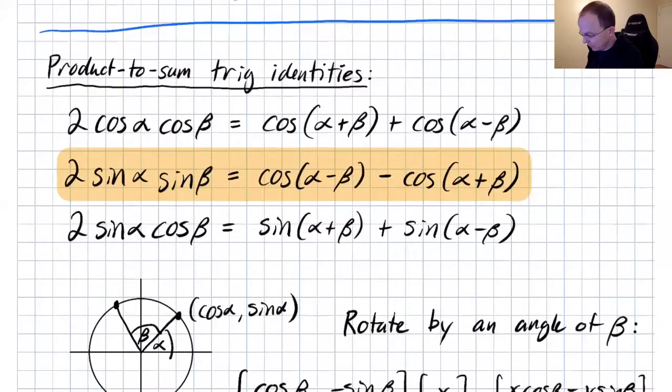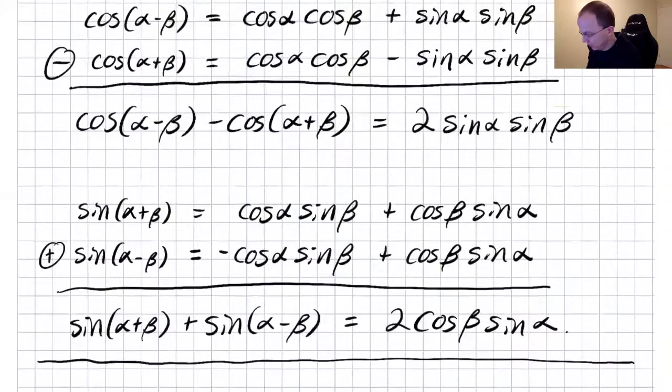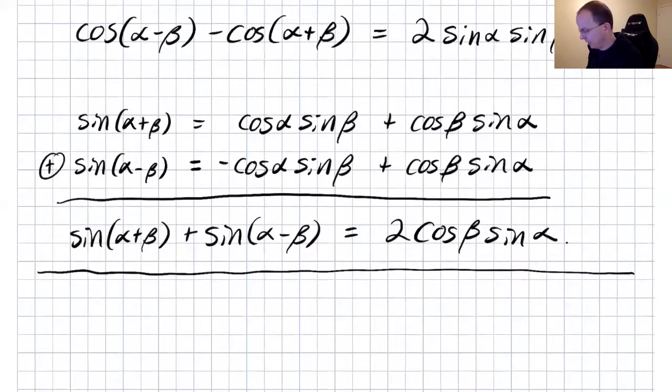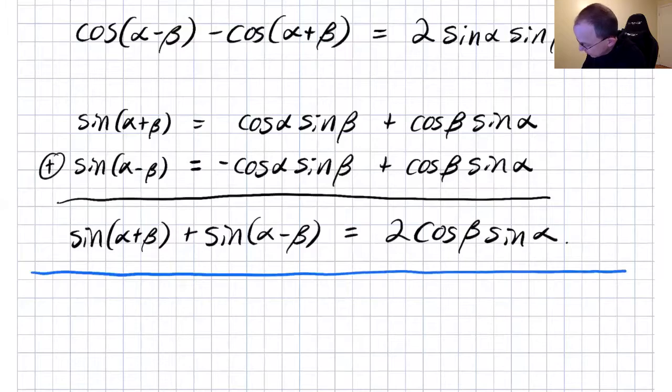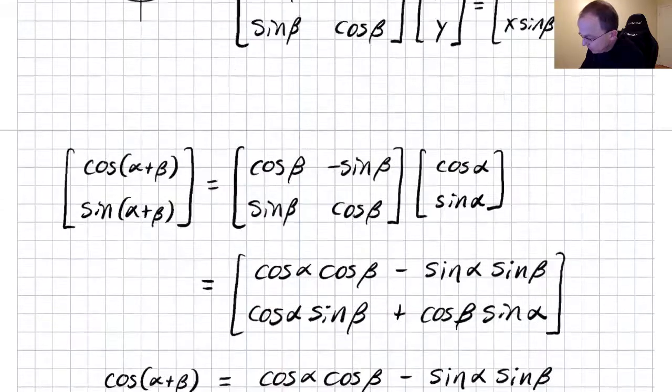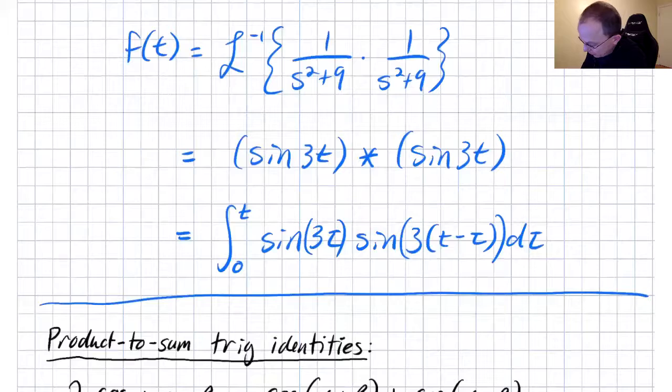So we'll be using this third one here. Sine alpha cosine beta. Yeah, that's what I had. Okay, so I wrote it in a different way, but that's fine. Okay, so let's go back now to our problem. So what is this function that we're looking at?